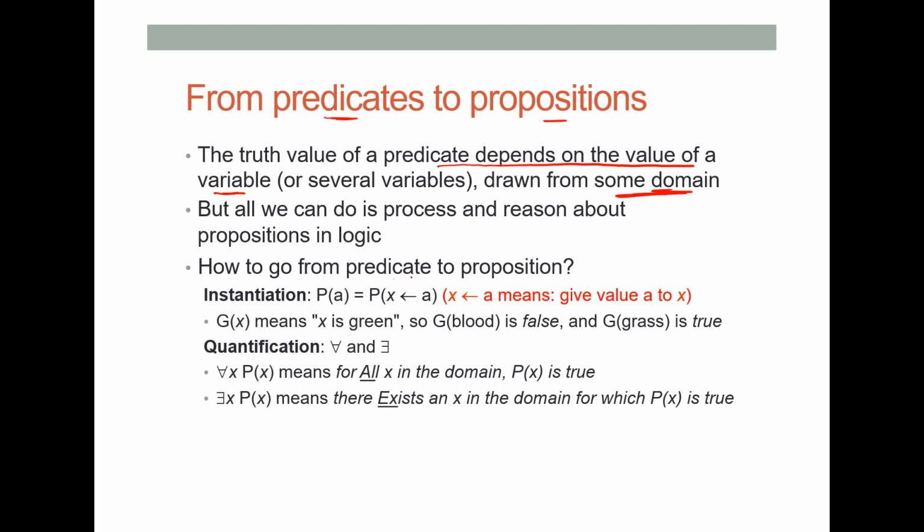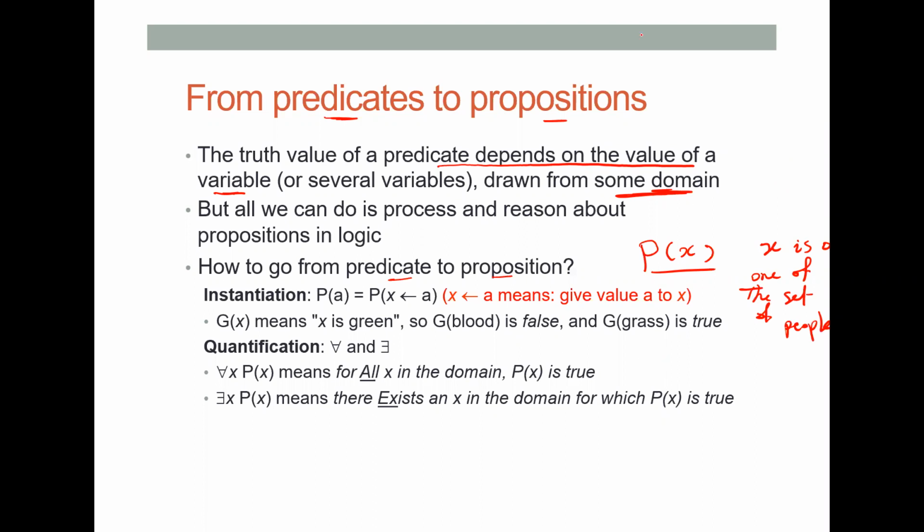So now, how do we go from predicate to proposition? It's very easy. Say the predicate is called P of X. I'm gonna say that P of X represents that X is one of the set of people.